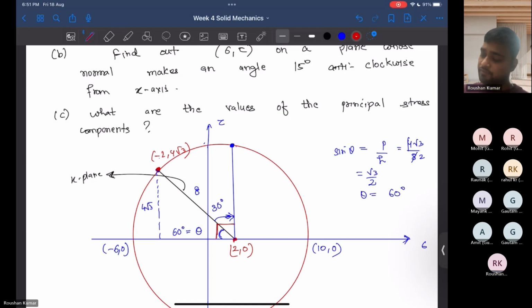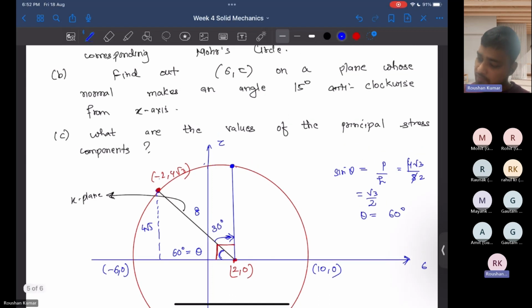So the question says that on this plane we have to find out the sigma and tau value.